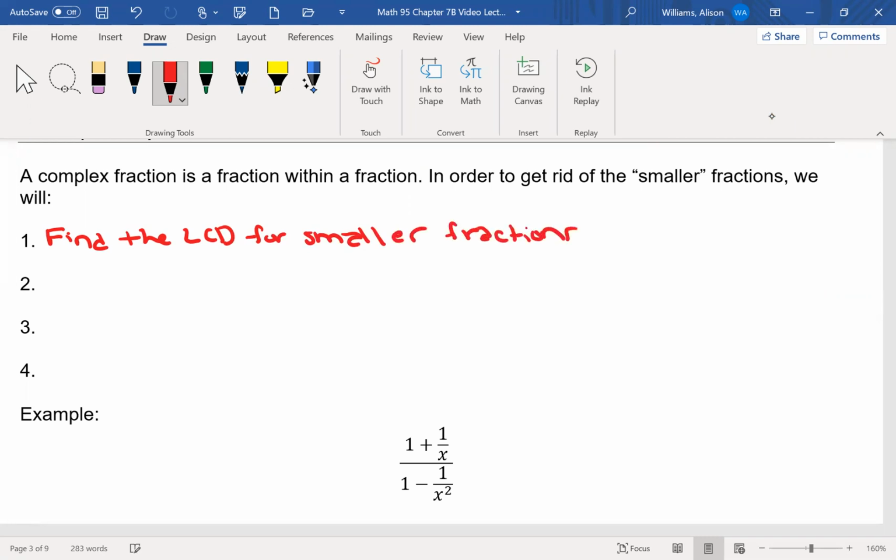Then what we're going to do is multiply every term of this complex fraction by the LCD. And what that's going to do is cancel the denominators of the smaller fractions.